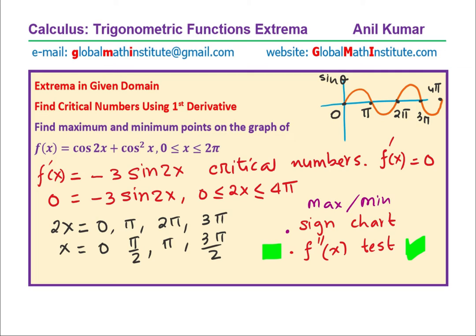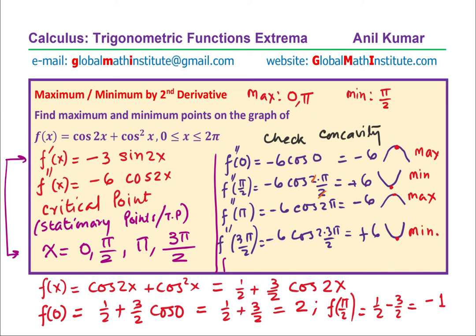Let me just check. So 1, 2, 3, 4. 4 pi was also a point which we did not write here. Half of 4 pi will be 2 pi, right? So 4 pi will also be a point, right? Because there are 5 critical points you can see, right? Yes. So we'll also find at 2 pi.